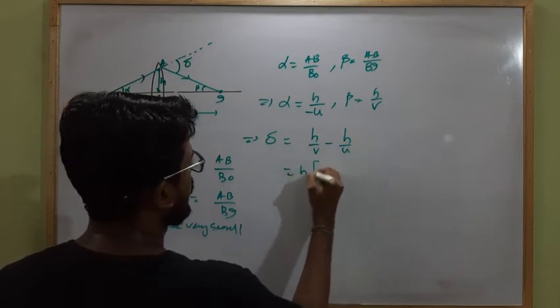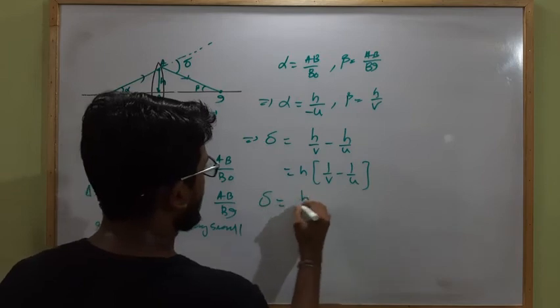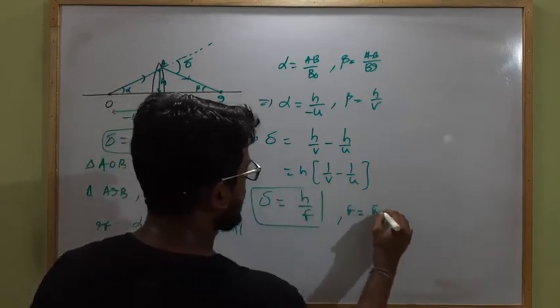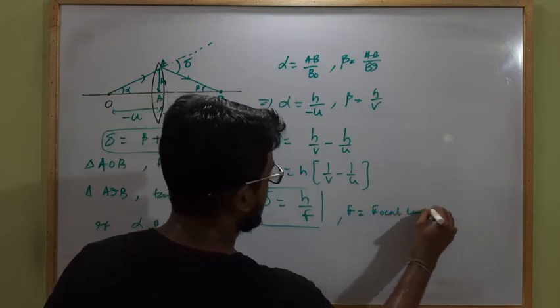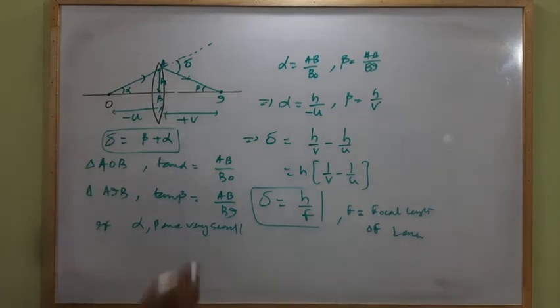So this will be h into (1 by v minus 1 by u). So the deviation angle will be h by f. What is f? The focal length of the lens. Clear? So this will be the value of deviation.